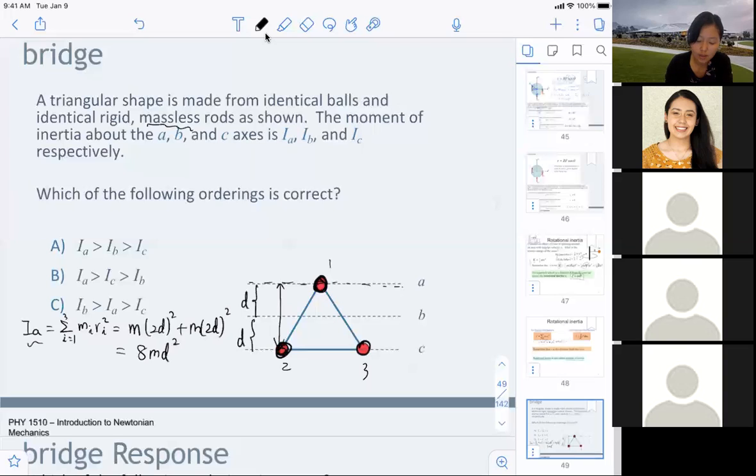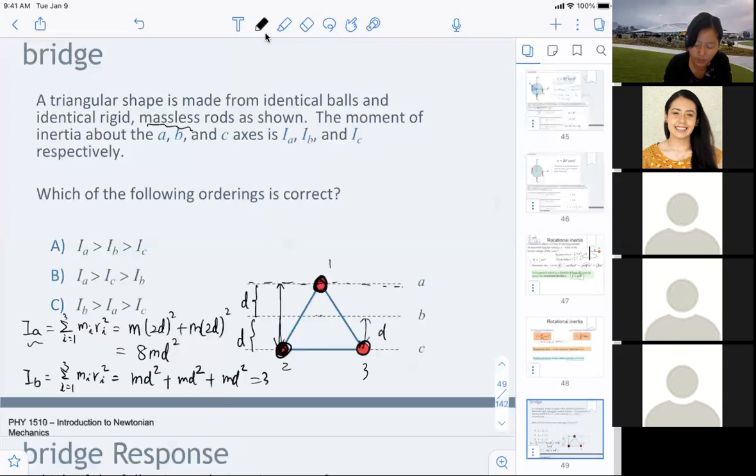What about the second one, relative to B? We will do the same thing and sum up all the 3. Now, all of them have a non-zero distance. So 1 has a distance d relative to this axis, so this is simply md squared. 2 is d, 3 is d, so md squared each.